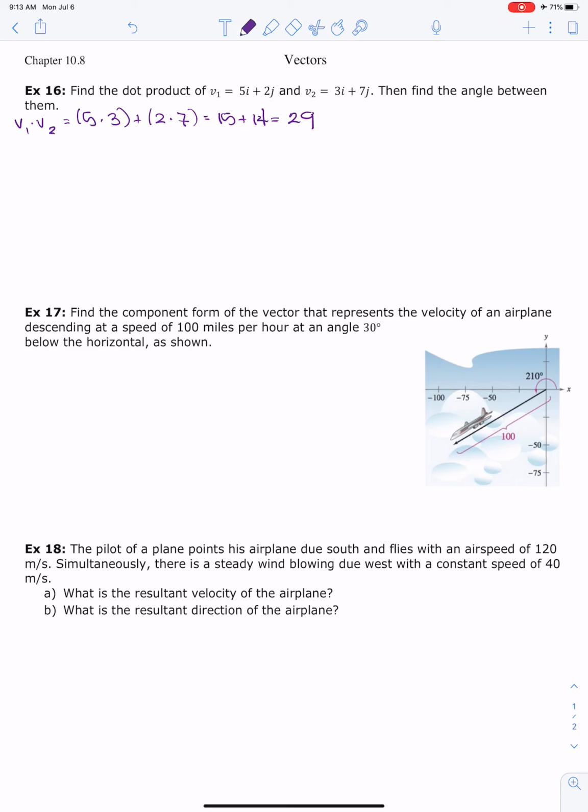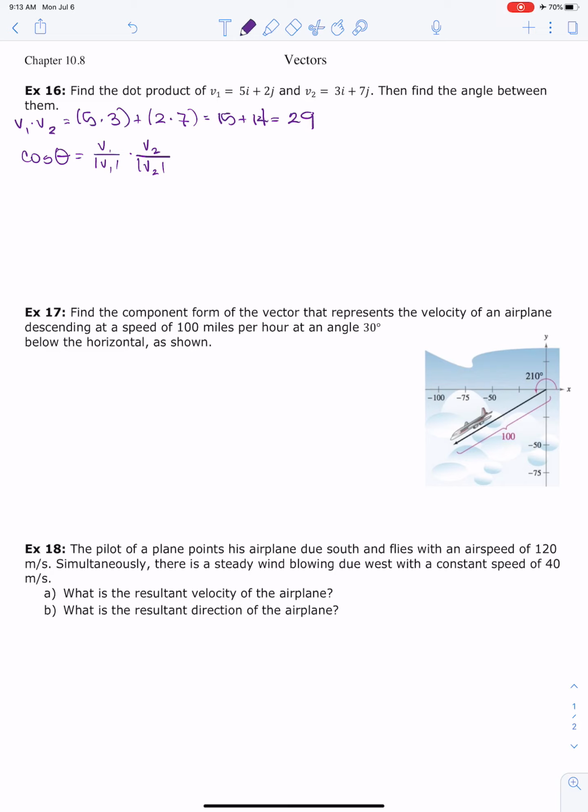The angle between them, we're going to go back to the last page and find that formula. We've got the cosine of theta is v sub 1 divided by its magnitude. So basically that's the unit vector in the direction of v sub 1, dotted with the unit vector in the direction of v sub 2.